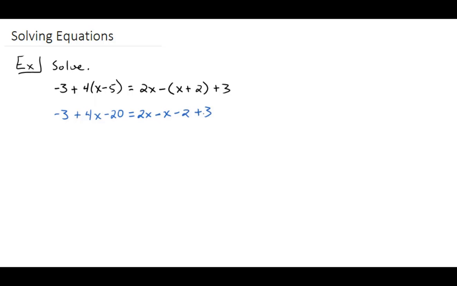Now notice, I brought down everything whether it changed or not, and this is a good habit to get into. Sometimes people will only write down what changed, and I've just seen that cause all kinds of error, not because someone didn't know what they were doing, just because they kind of lost track of something. So I encourage you to get into the good habit of when you do these problems, you write down everything in the next step.